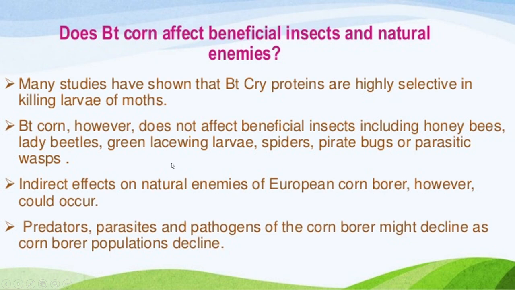Indirect effects on natural enemies of the European corn borer, however, could occur. Predators, parasites and pathogens of the corn borer might decline as the corn borer population declines. So this is an indirect effect basically. But overall, these toxins are highly safe and they don't harm beneficial insects.